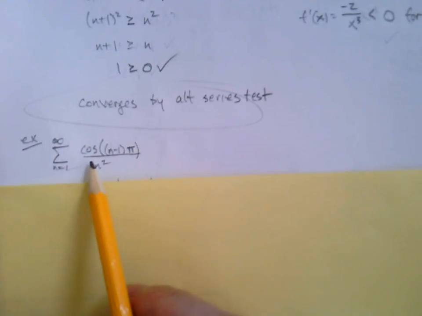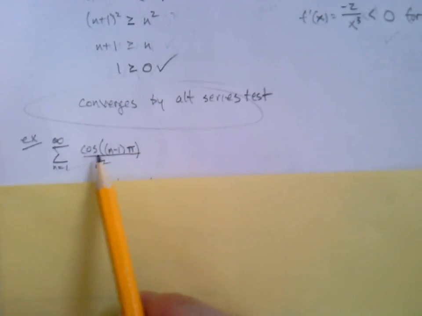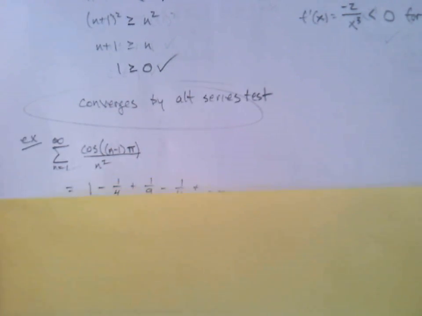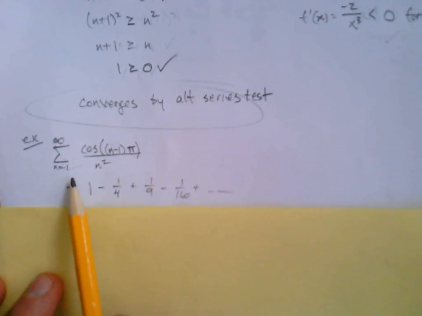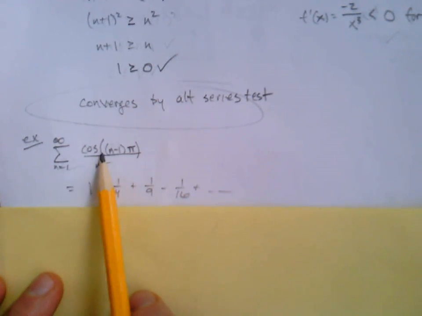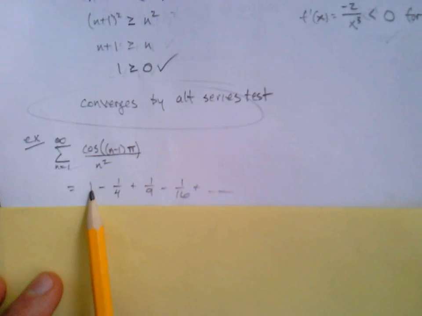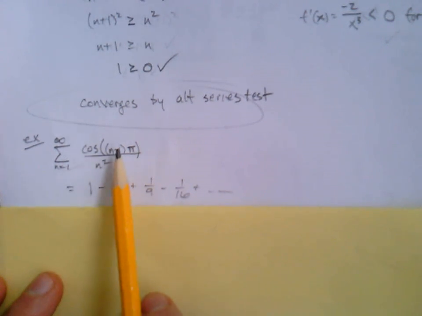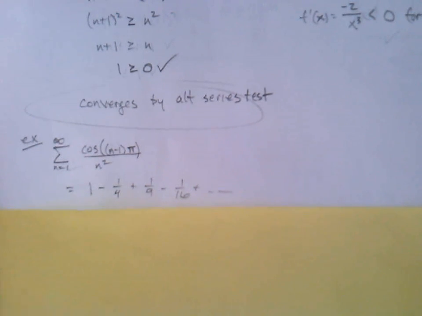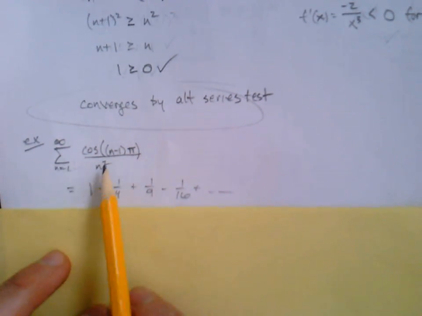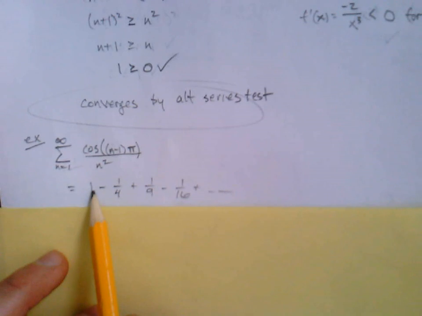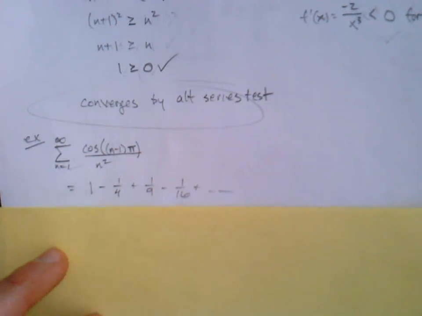Again, it's not clear that that's alternating, but if you were to write out a few terms, what would happen here? Well, n equals 1, you'd have the cosine of 0, which is positive 1, and it's not until n equals 2 do you get a negative 1 in the numerator. So that little shift, now you start off with a positive and then go negative.